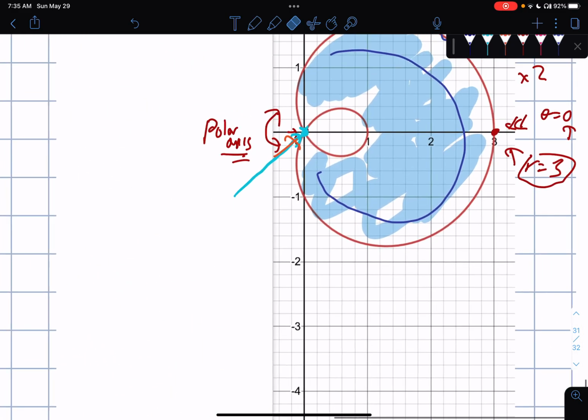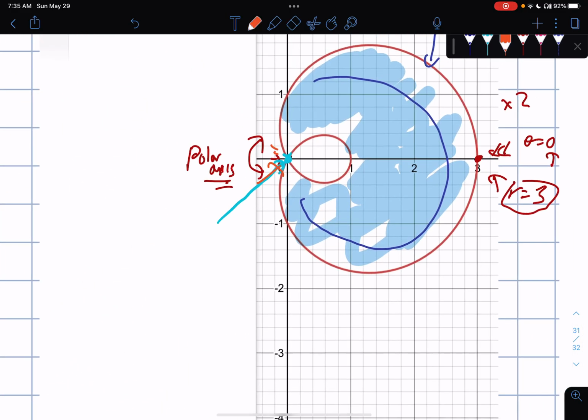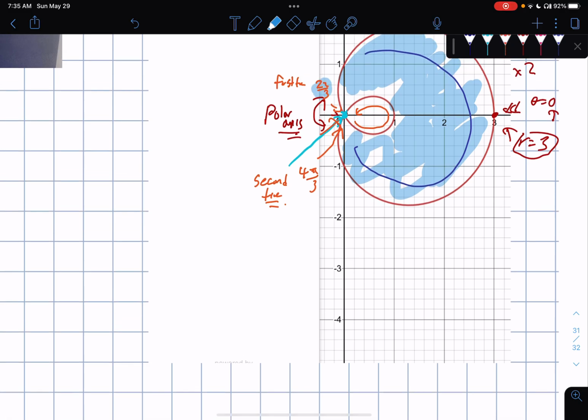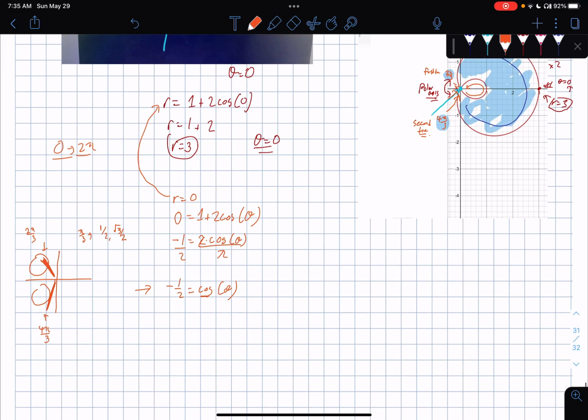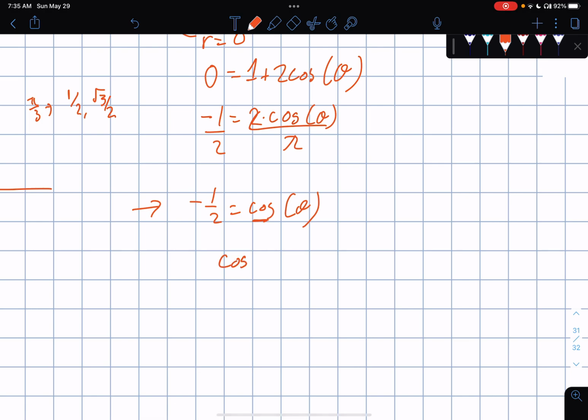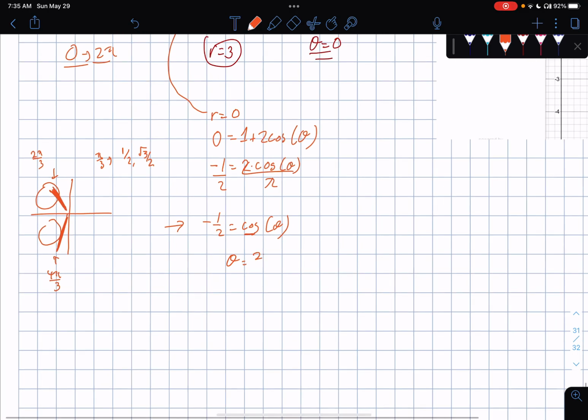So the first time it hits here, it should be 2 pi over 3. Then it goes around this loop-de-loop, and it hits it back the second time at 4 pi over 3. Alright, so we got theta equal to 2 pi over 3 or 4 pi over 3.